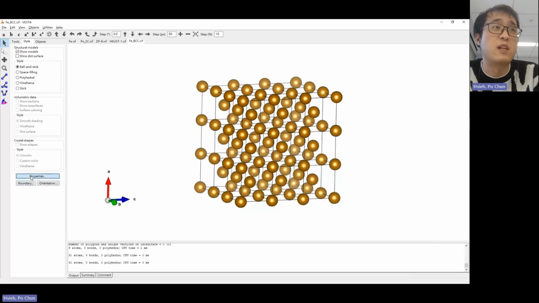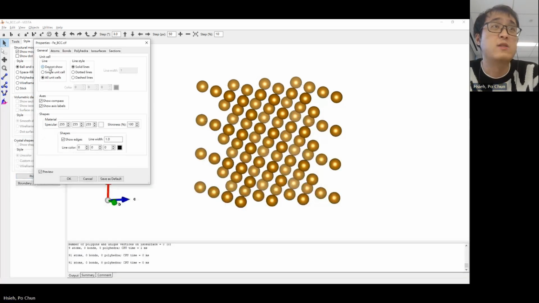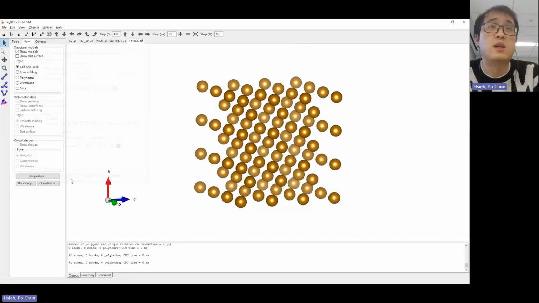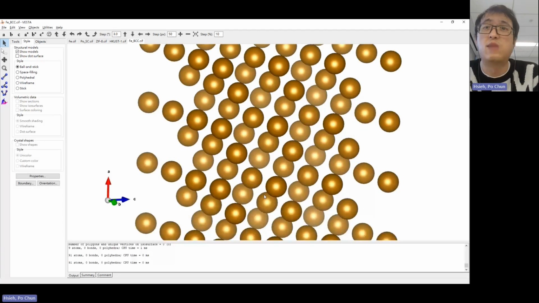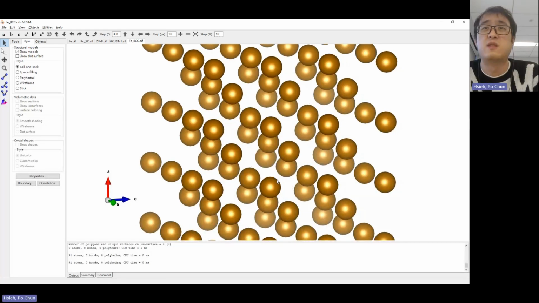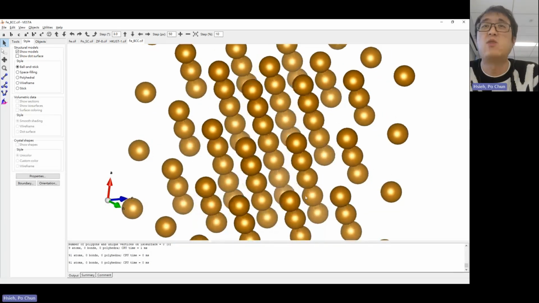So if I turn off the unit cell lines here and let us look more closely, can you differentiate which atom is in the corner and which atom is in the center now? No, they all look the same.